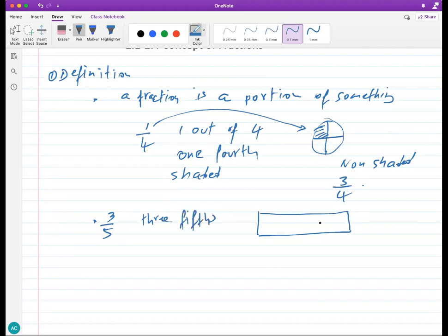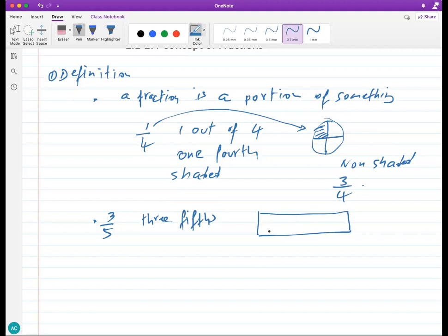How do I get 3/5 out of this whole piece? First we divide it into how many equal pieces? 5. That's right. Always divide by this number here on the bottom.